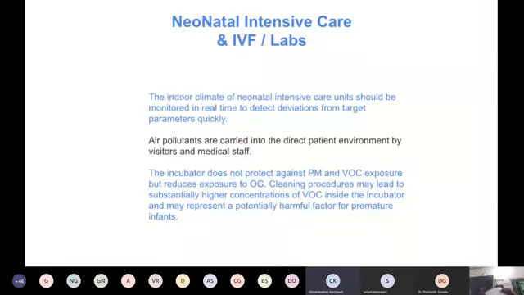Then definitely particulate matter becomes an important factor. How do we reduce particulate matter? Because particulate matter is the carrier of bacteria and viruses.